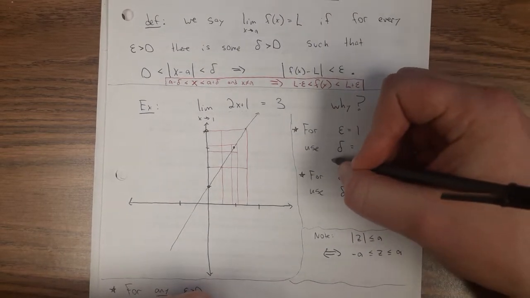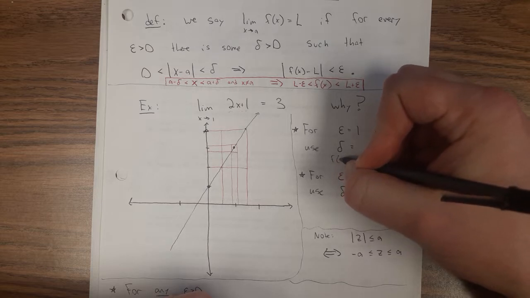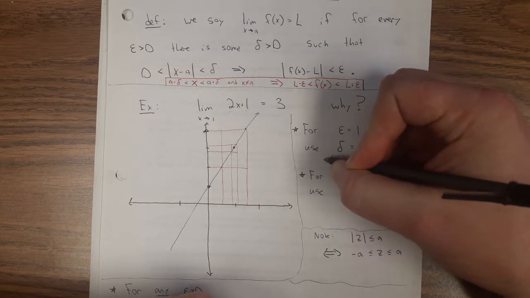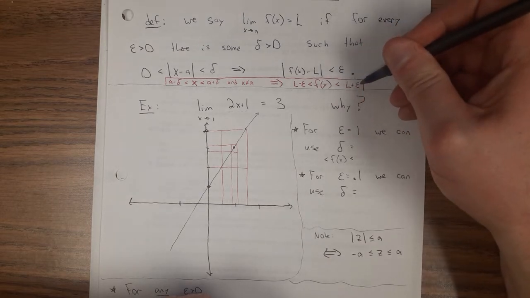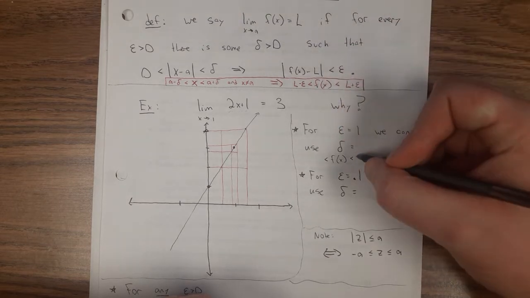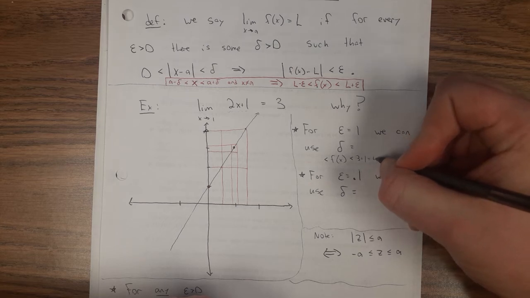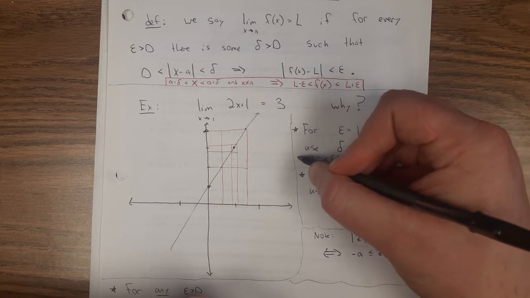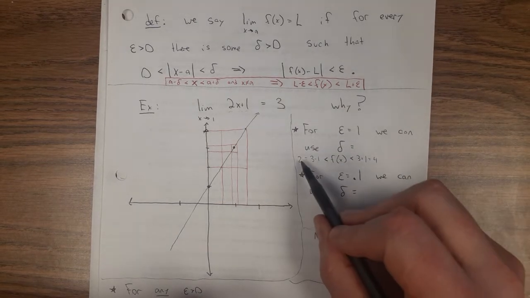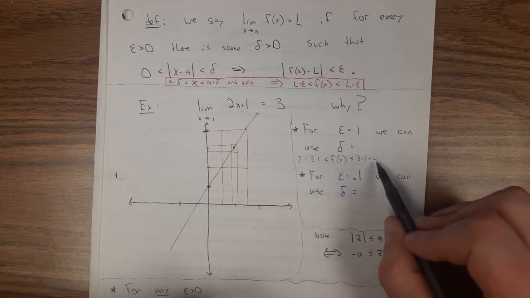maybe I have some room to write down here. What I want is I want f of x to be between L plus epsilon, so that would be 3 plus 1, and L minus epsilon, 3 minus 1. In other words, I want f of x to be in between 2 and 4.